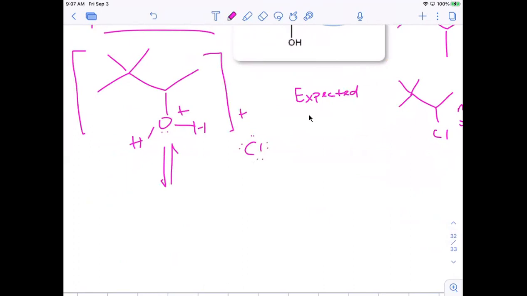Anybody? Does it become like a leaving group? Yeah, hydronium is a leaving group and is going to leave and create a carbocation intermediate, right? Right here.